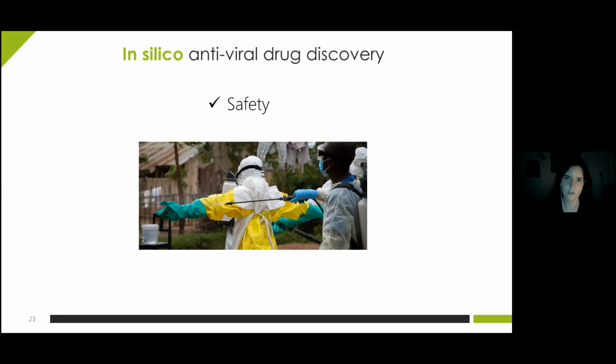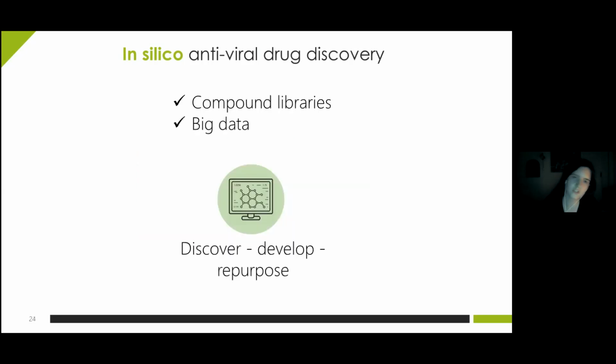And of course, in silico methods give us the benefit of taking advantage of big data, which is a very important component of bioinformatics as we know it now.